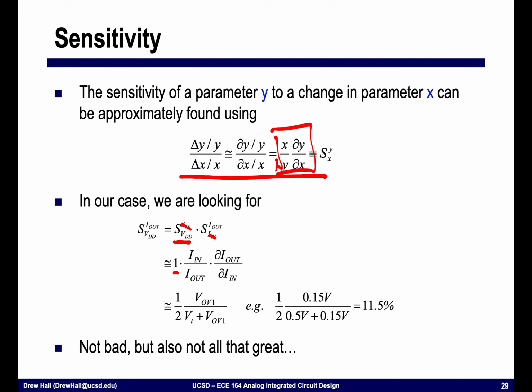Again, plugging in typical numbers of 150 millivolt overdrive voltage with a 500 millivolt VT, we see that instead of having what would be 100% variation, we're getting down to about 11.5% variation. So we've reduced this dependence by about 8x using this other biasing circuit.